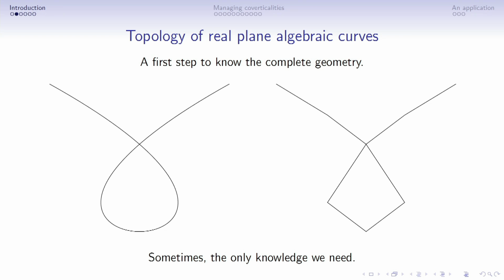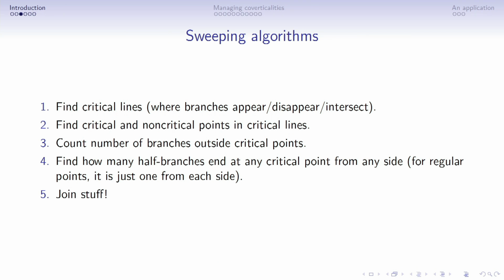This leftmost point of this particular neighborhood, two branches are created when we sweep from the left to the right. So these would be the critical points, and the vertical lines where those critical points are would be called the critical lines.